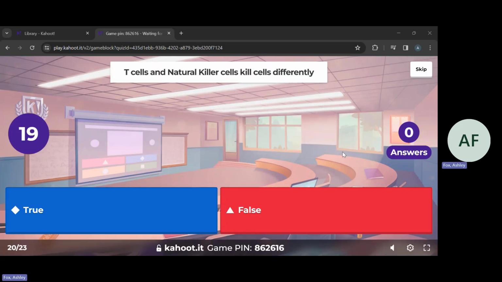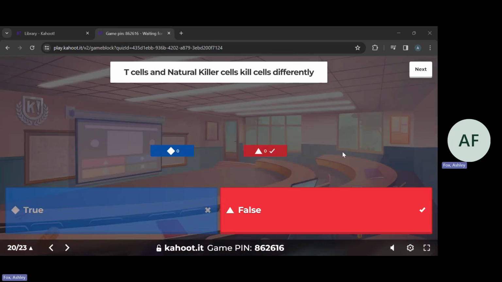True or false, T cells and natural killer cells kill cells differently. So this is false.